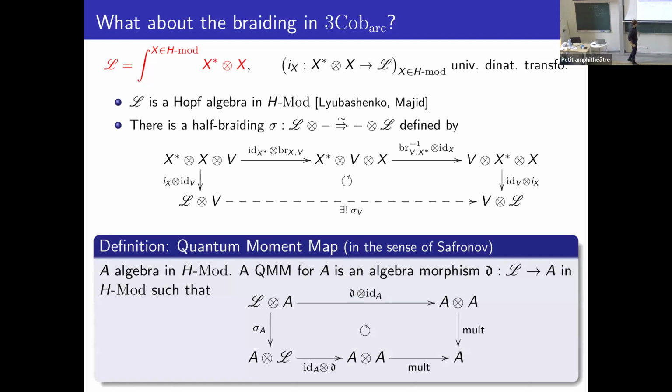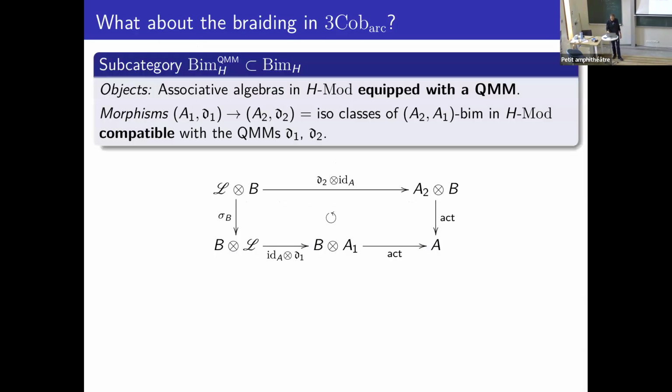Here you see you have this sigma, which is used to switch the factors, and then basically it is a commutation relation between the image of this morphism and elements of A. Because you see here you switch and then you multiply. I don't have time to make it explicit in terms of H mod, but it is just an algebra morphism satisfying a commutation relation.